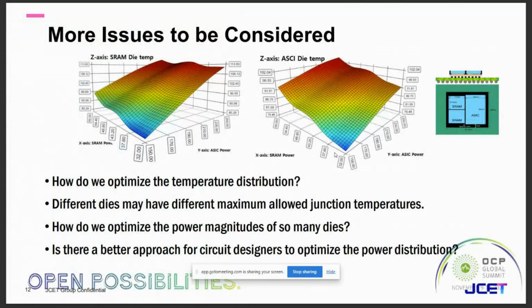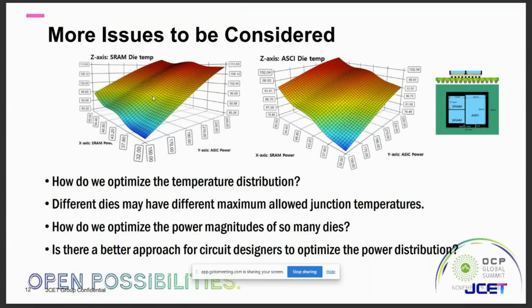So, what are the issues? Here are at least a few issues to be considered. The first one is how do we optimize the temperature distribution? If you look at the top two images, we use the power of the ASIC and the SRAM as X and Y, and in the left image we use the SRAM die temperature as the Z axis.